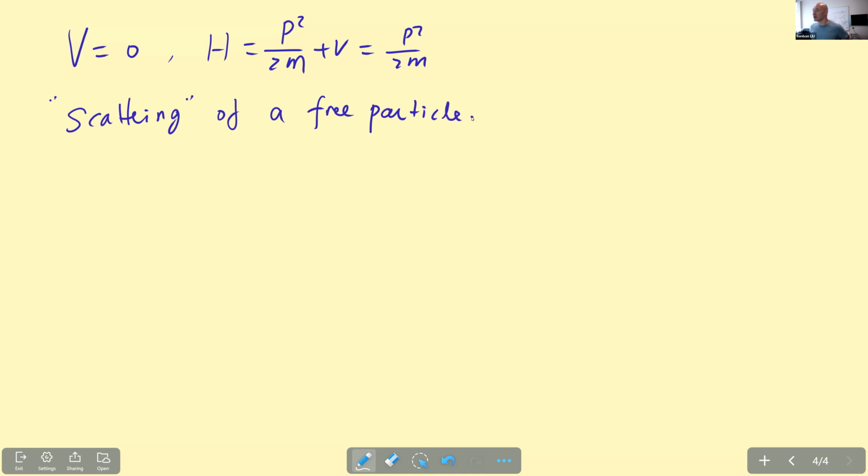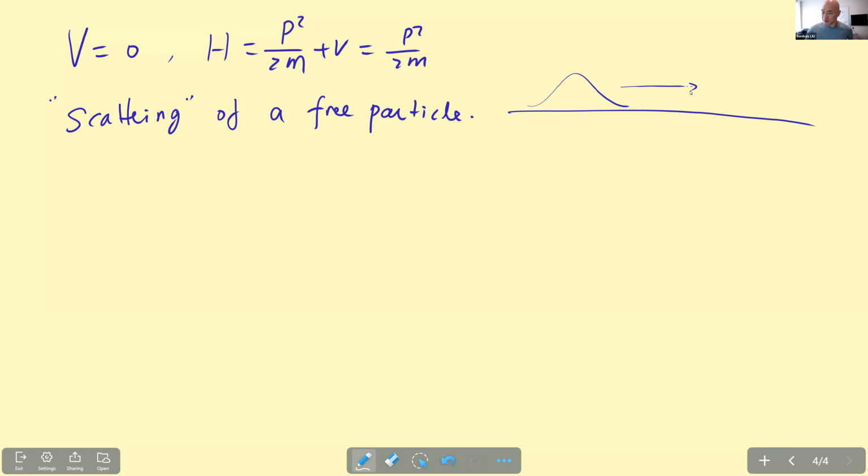If you have a wave packet like this one, it will just go all the way from left to right. There's actually no scattering, so the particle will just propagate. To understand these scattering cases, we are trying to figure out what are the eigenstates of this system.